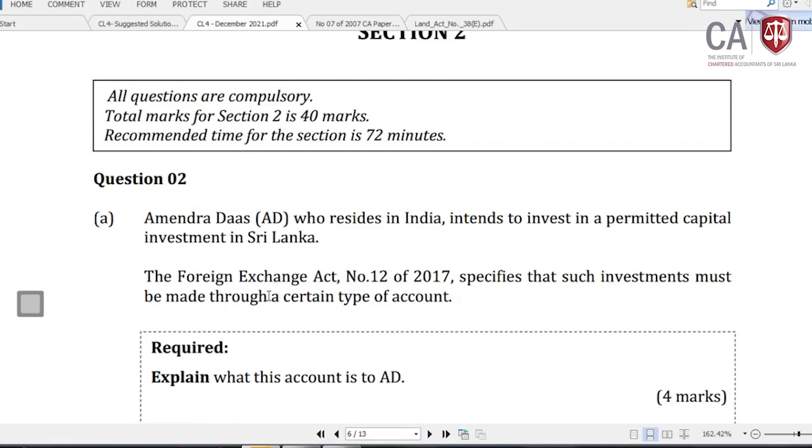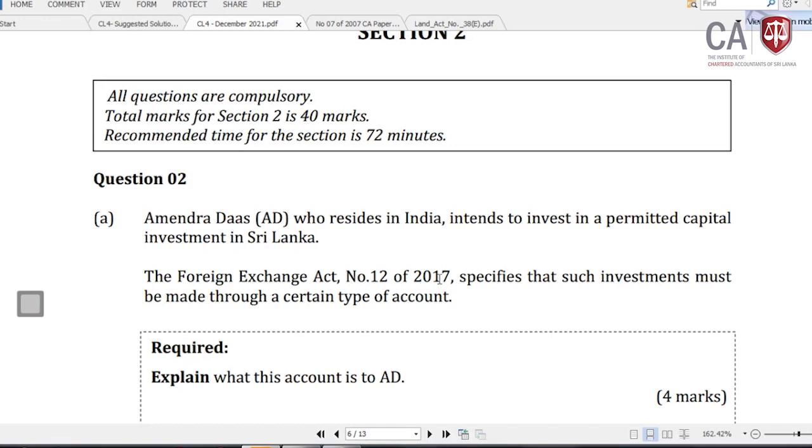Amendra Das, who resides in India, intends to invest in a permitted capital investment in Sri Lanka. The Foreign Exchange Act number 12 of 2017, as I mentioned at the beginning, you can only keep the Companies Act. This is not a statute that you can keep with you at the exam.